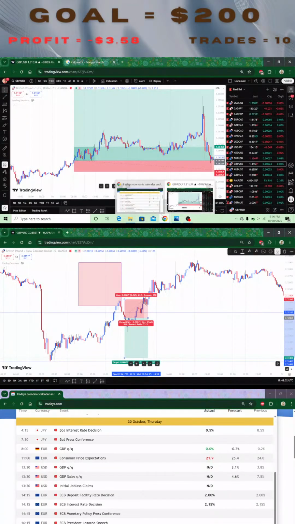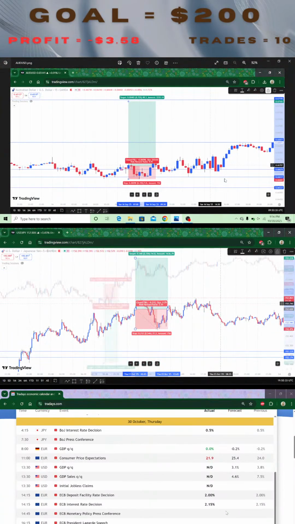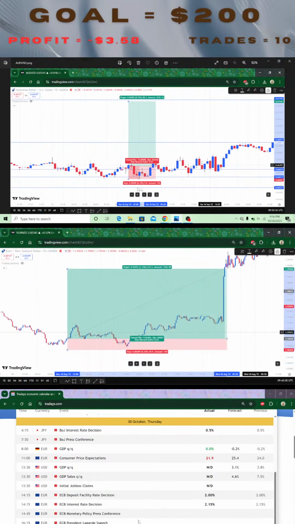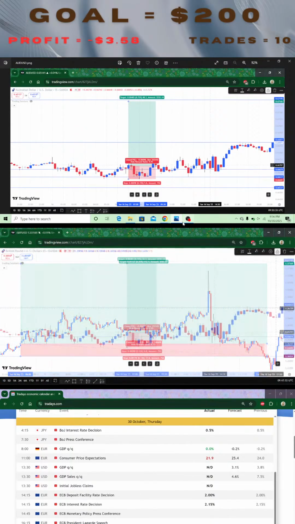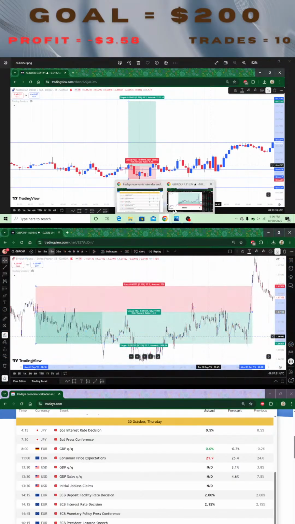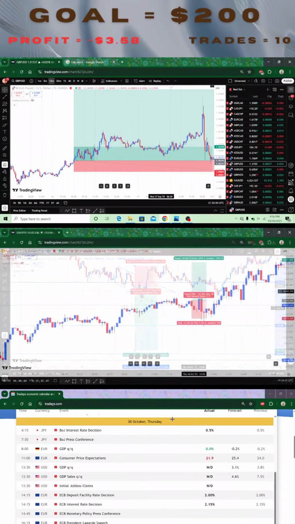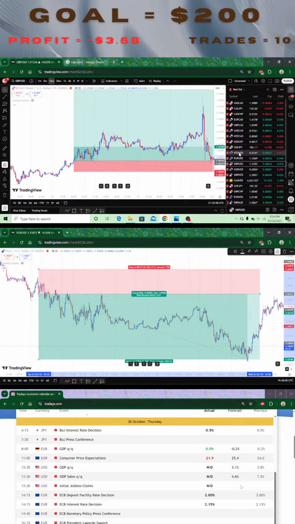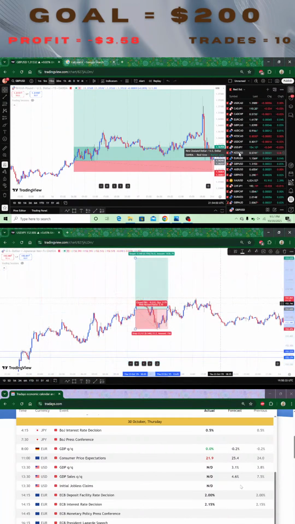The next one is this one. Now, this very trade, let's look at this trade. Let's go back. This is AUD USD. So let's look at AUD USD.